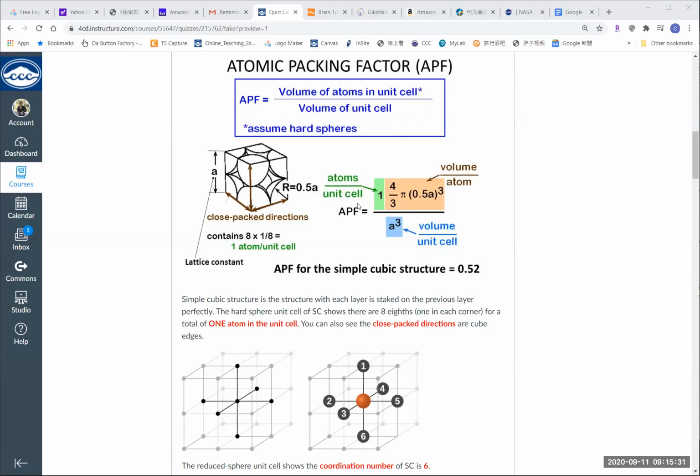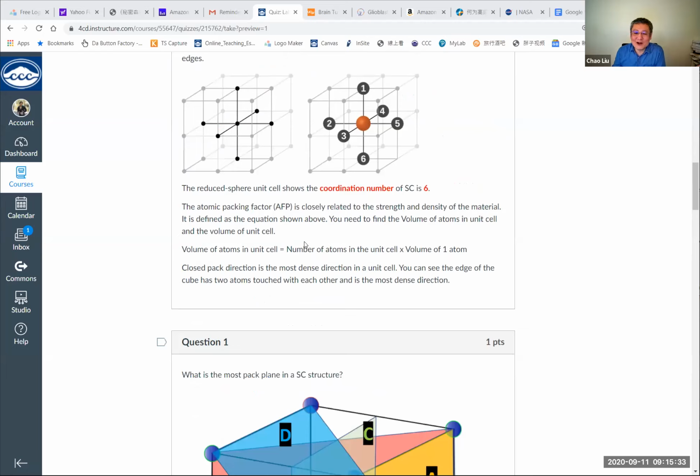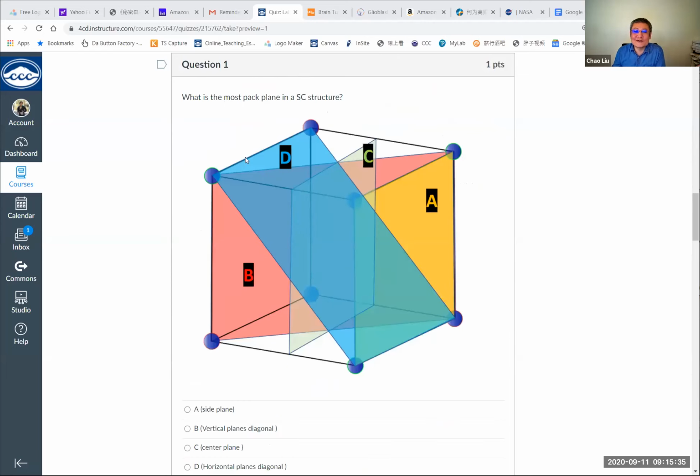Sorry. All right, so I'm talking about this question that you're going to do, which is the first question you have to answer. So simple cubic, you have 4 on the top, 4 at the bottom. They all line up. And this is what we call a reduced sphere model.